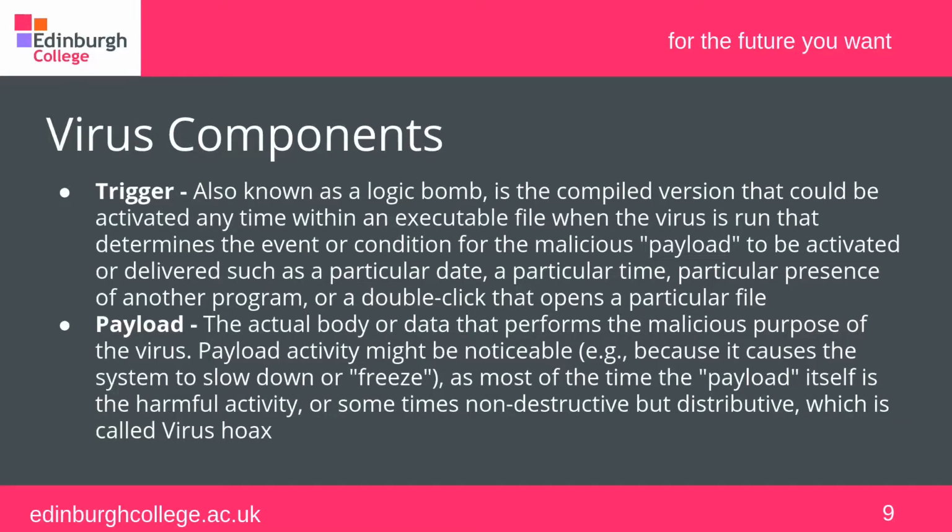And once the trigger of the virus has been set in place, it might even be just clicking or double clicking on a link, then the payload, that's the body of the virus that performs the malicious purpose, is released at the trigger point. So when we think of viruses, there can be different phases.